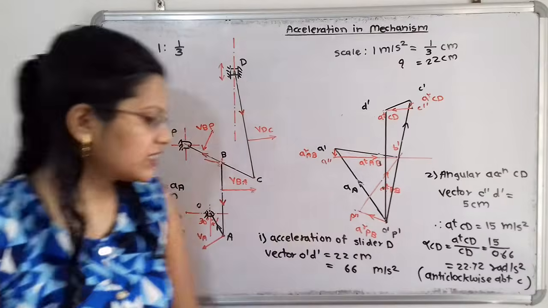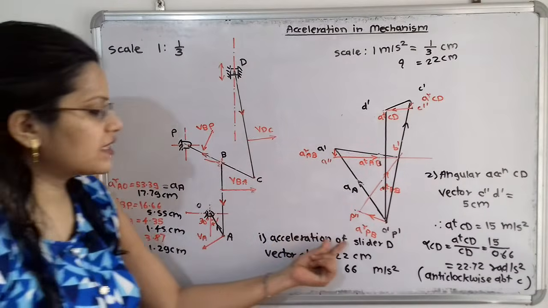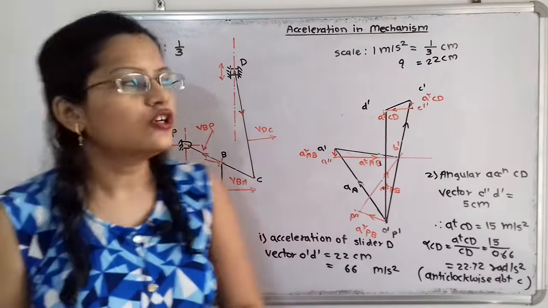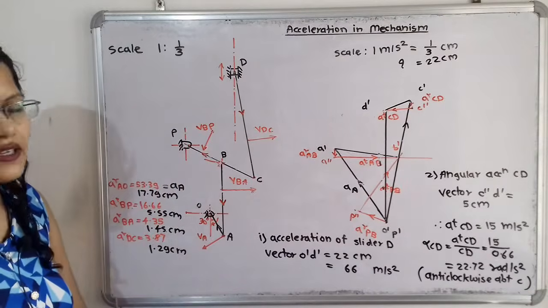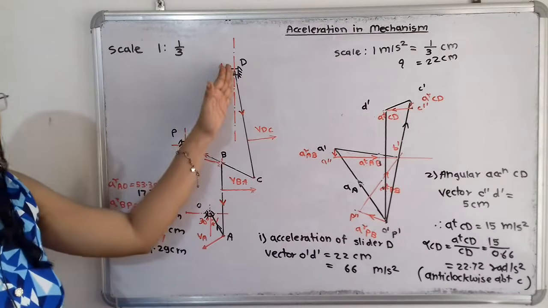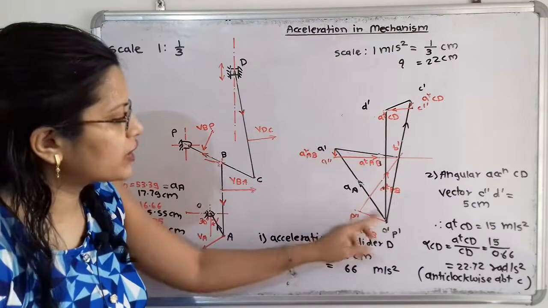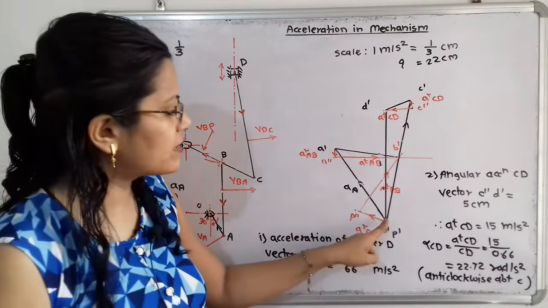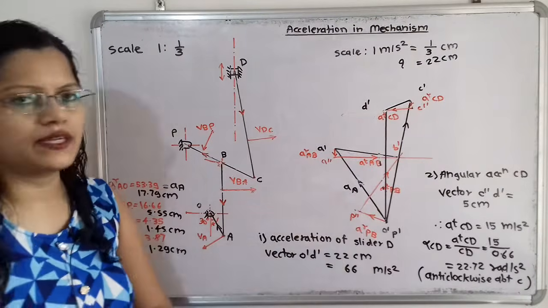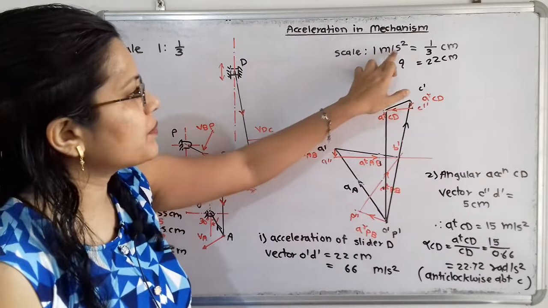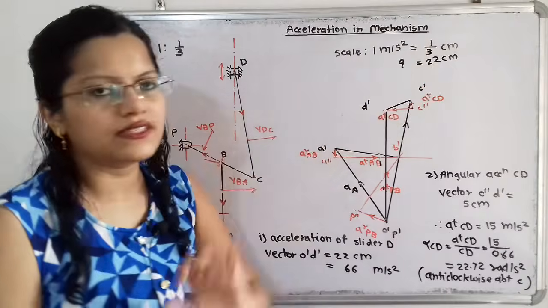So the first question is that we have to find out the acceleration of slider D. This slider D is having the motion along the vertical line, and this vertical line motion is shown with respect to the fixed point. So we have to measure the vector O dash to D dash. What is its length? That is 22 centimeters. Our scale is 1 meter per second square equal to 1 by 3 centimeter.